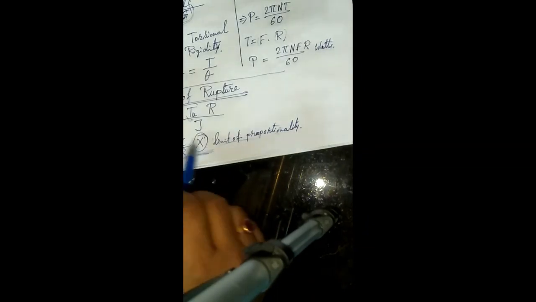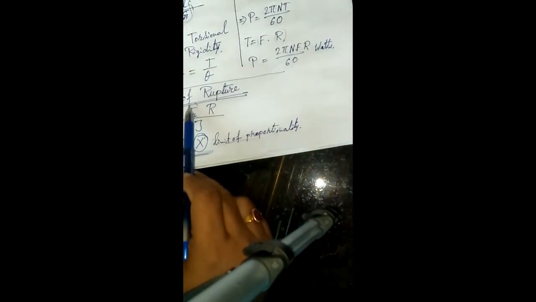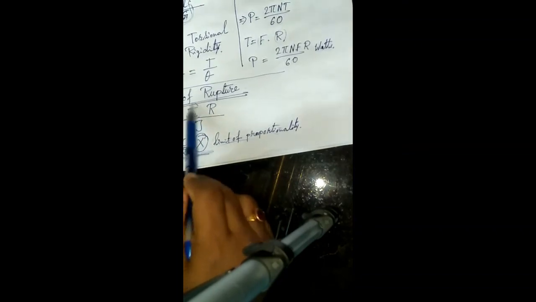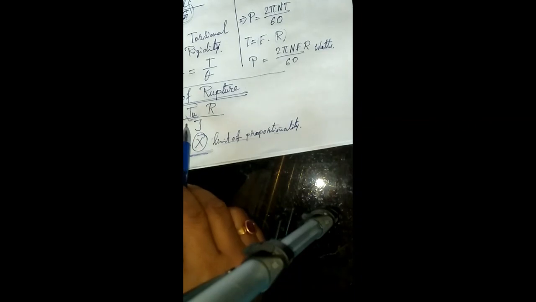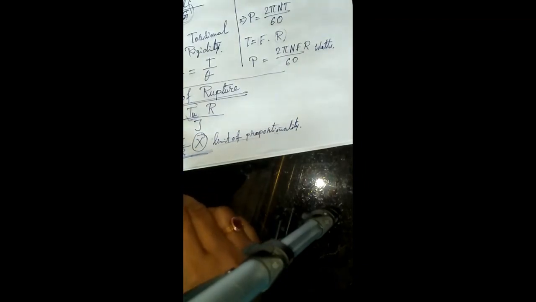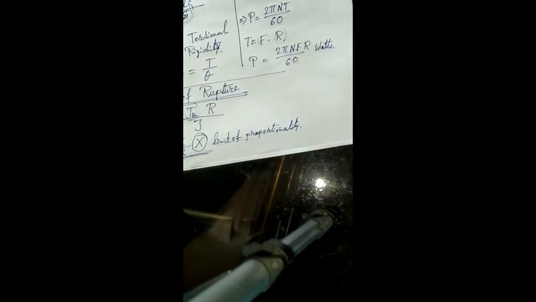That is why we say this tau R value is a fictitious value: at the ultimate torque we can't calculate the shear stress experimentally, but mathematically it becomes this by the torsion equation. Thank you.